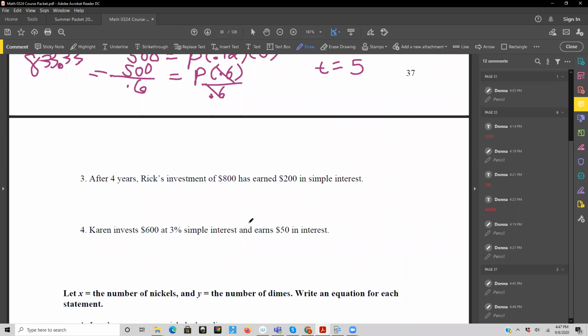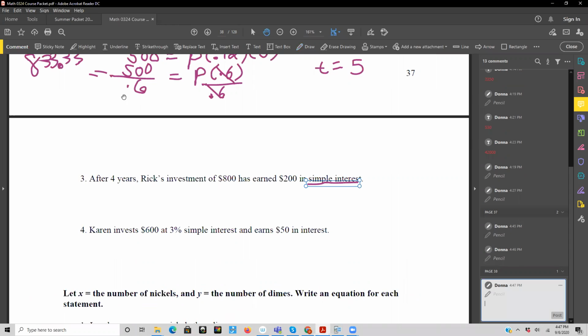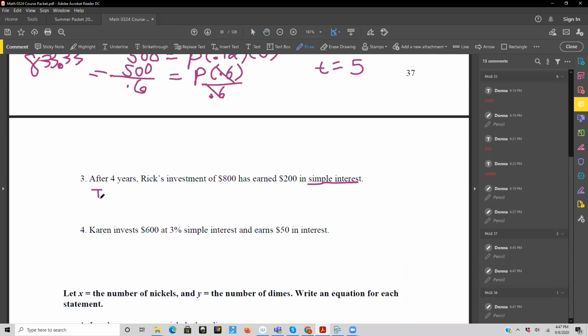All right, so we're still working with simple interest. Right here, same equation, I equals PRT. 4 years, so that would be time. Rick's investment of $800, so that would be the money he put in. That's the P, the principal.